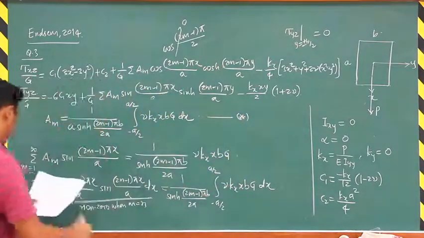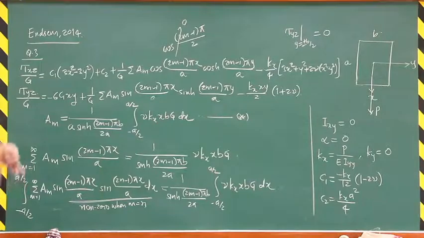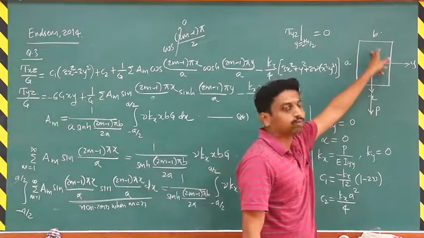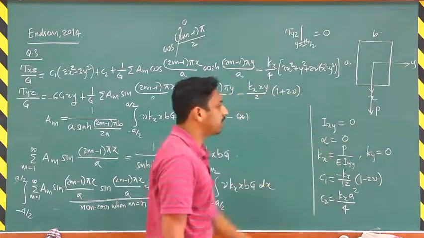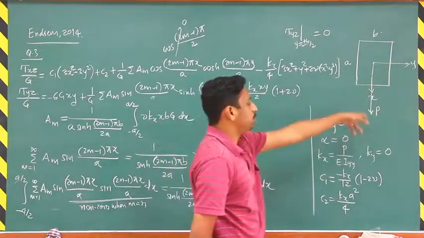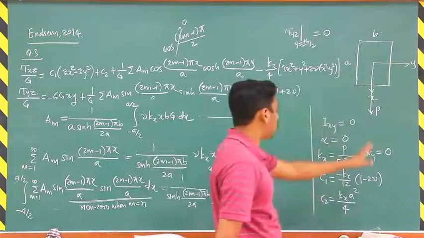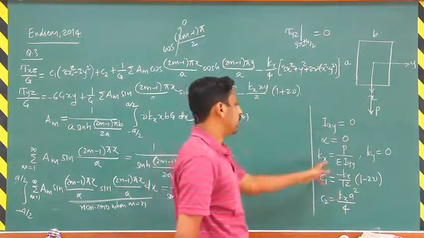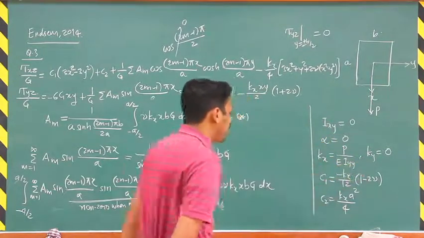So basically what we did in this problem is, based on the symmetry of the cross section of the beam, we have set certain terms, like the moment of inertia with respect to xy, to 0. As load P is being applied at the centroid, there is no twisting of the cross section, so alpha is equal to 0. Then we have found the curvatures kx, ky.